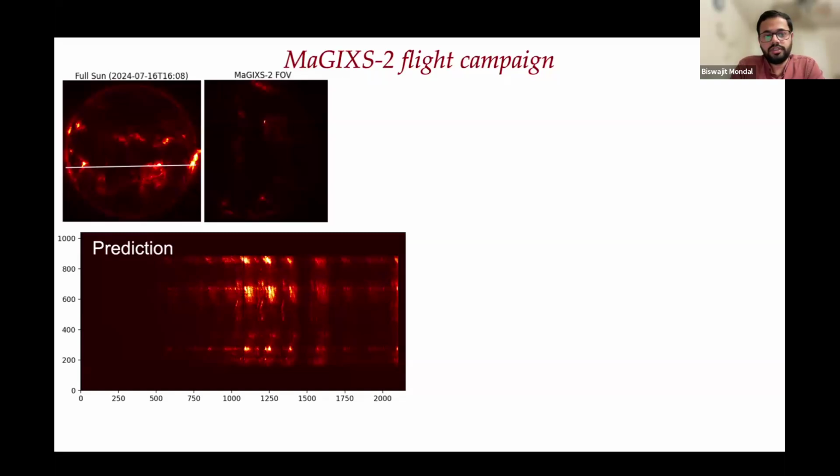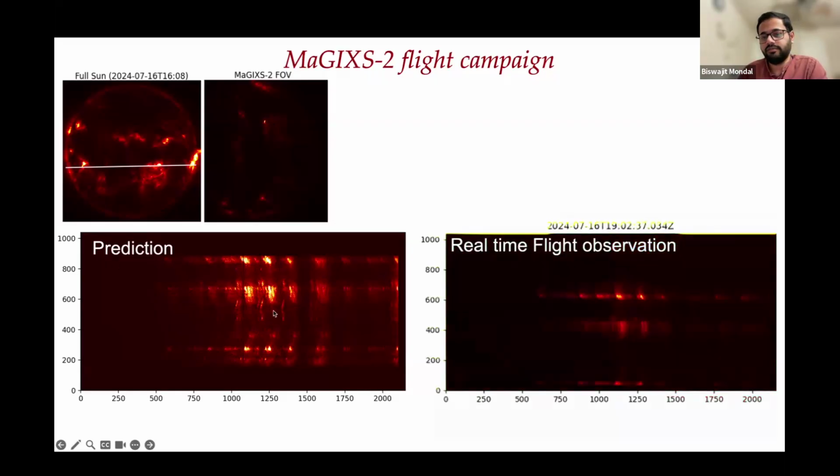So before launching, we had to do a lot of forward modeling and calculation of where to observe and where to point our instrument, because once it goes up, we only get about 5 minutes to target our observation. These are one set of simulations just before the launch. We decided to point our instrument along this axis so that we could capture all three active regions on the Sun, and we should get an image like this.